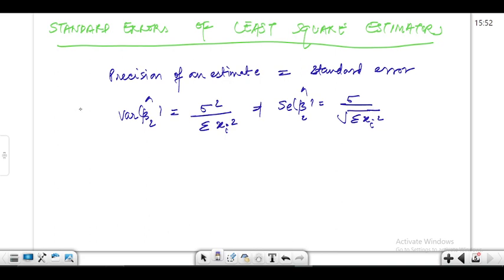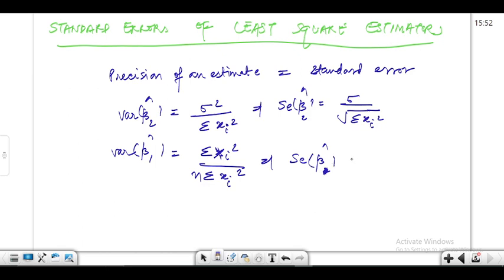Similarly for beta 1 hat, the variance is summation X, this is capital X, xi square upon summation small xi square into n, times sigma square. This implies the standard error of beta 1 hat.